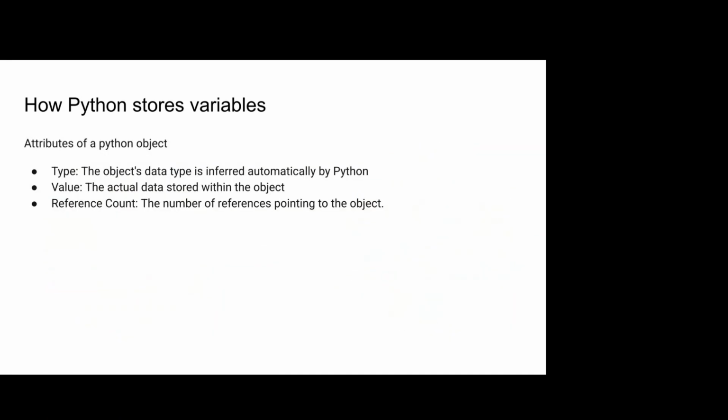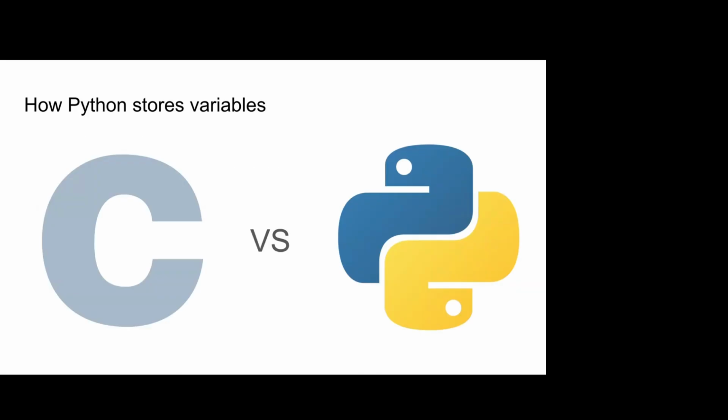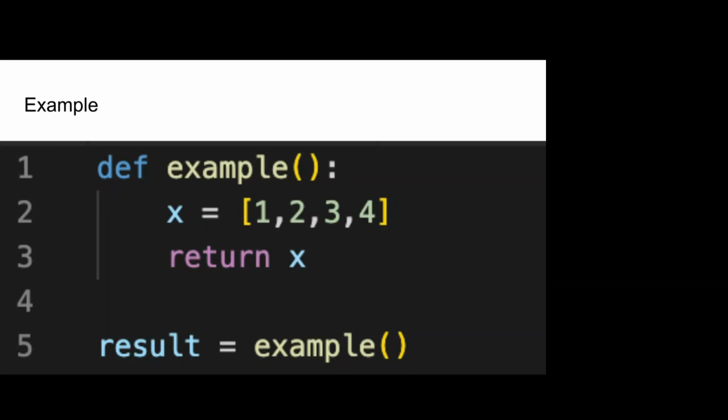So what are the attributes of this? A Python object has a type and a value, which is kind of obvious, but then it also has a reference count, the number of things referencing this object. Say back in the program over here, I went result2 is equal to result.